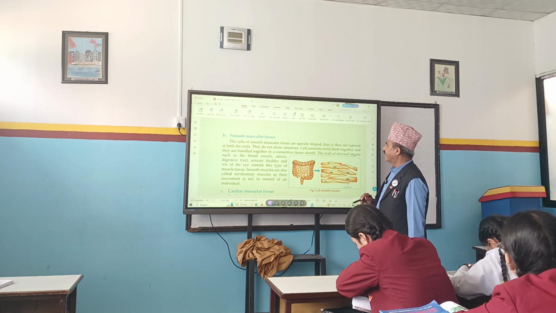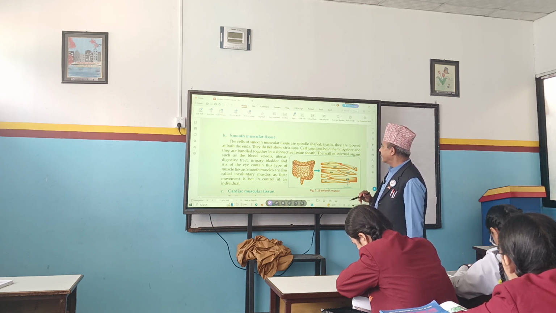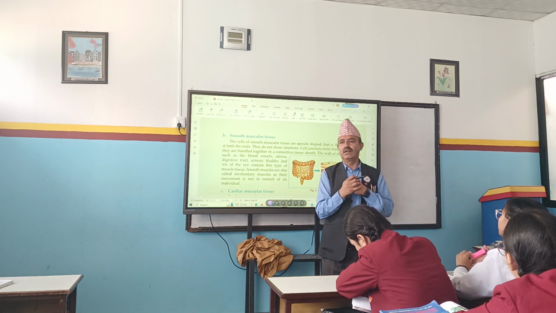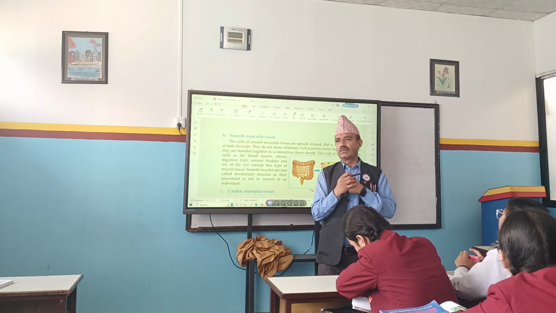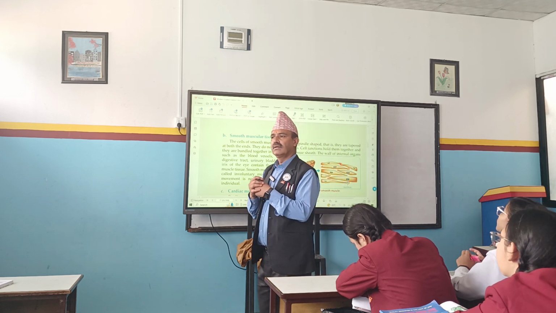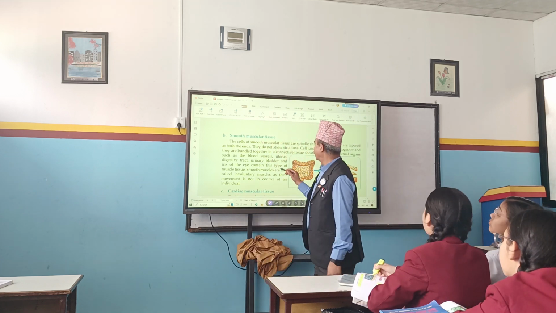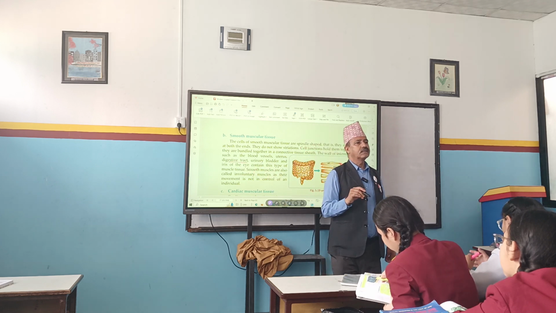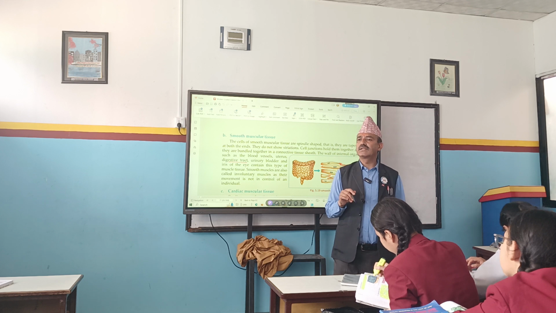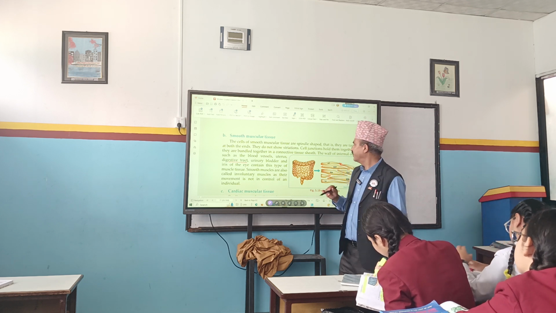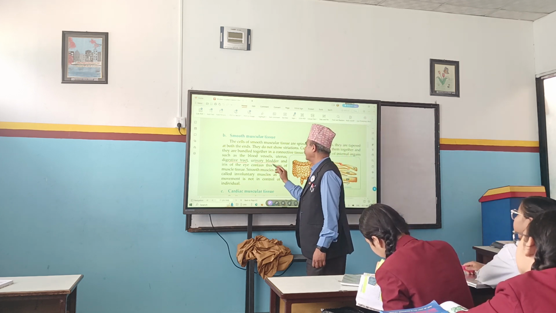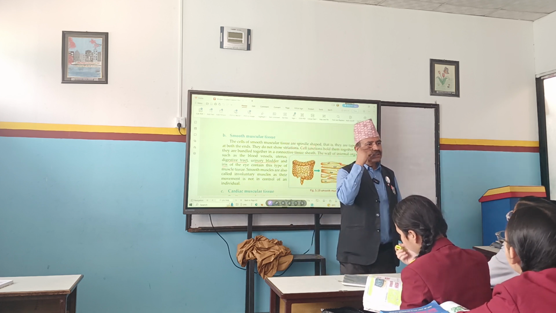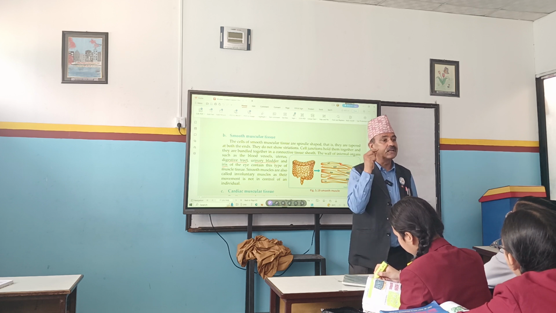Next thing, these muscles cannot be controlled by our will. We cannot control their function. So where are they located? They are located in the digestive tract, like in the stomach, small intestine, large intestine, urinary bladder, and iris of the eye. Iris means there is one colored ring present in our eye.